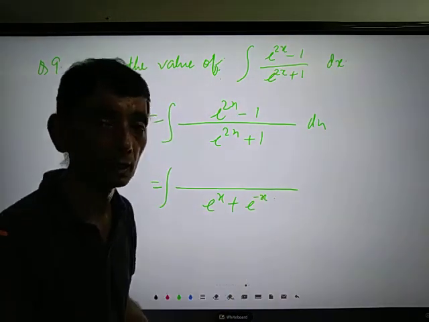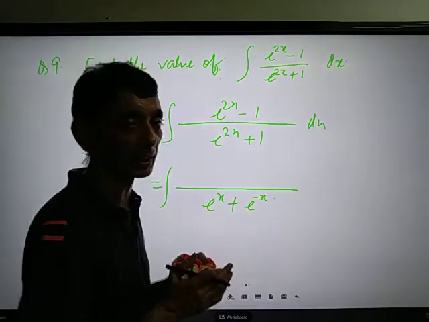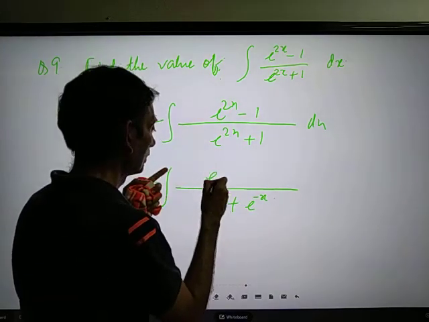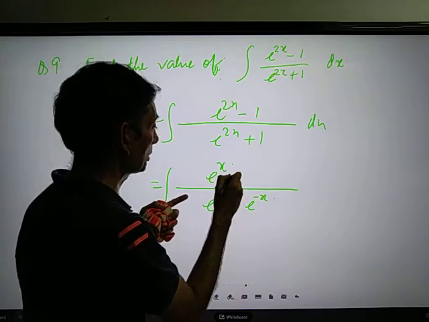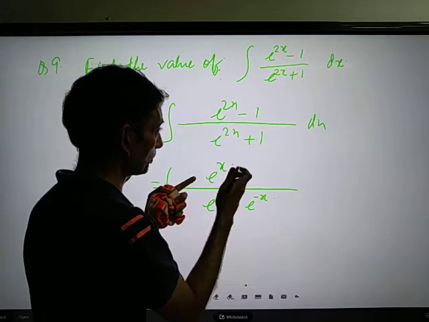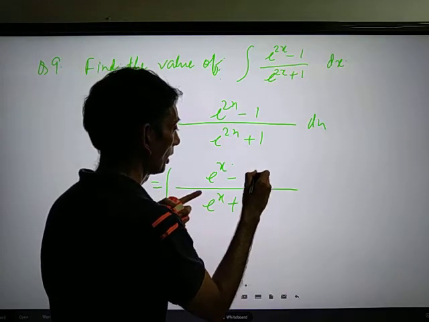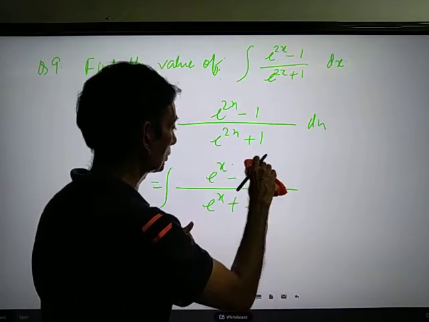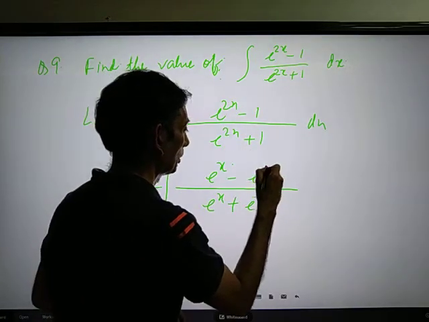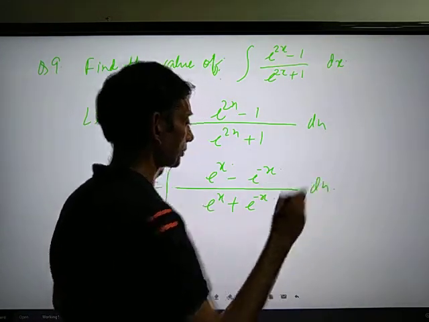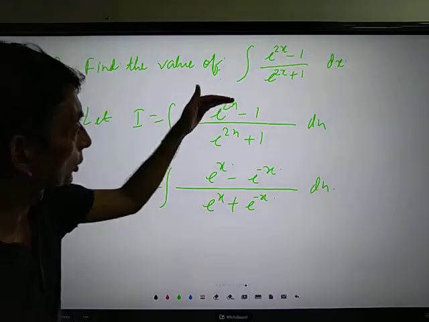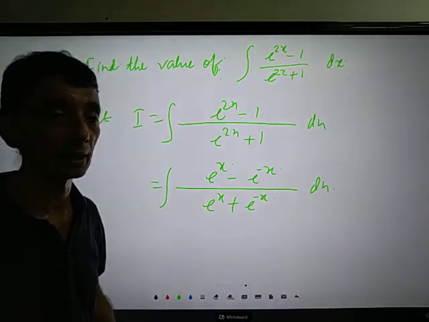So we change the expression by dividing both numerator and denominator by e to the power x.